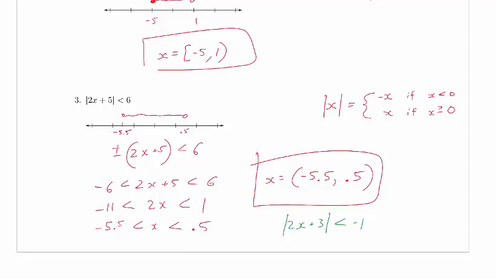What values of x would satisfy this? The answer is nothing satisfies what I just wrote in green. The solution set for this would simply be empty. It'd be an empty set. Or you could simply write x does not exist.